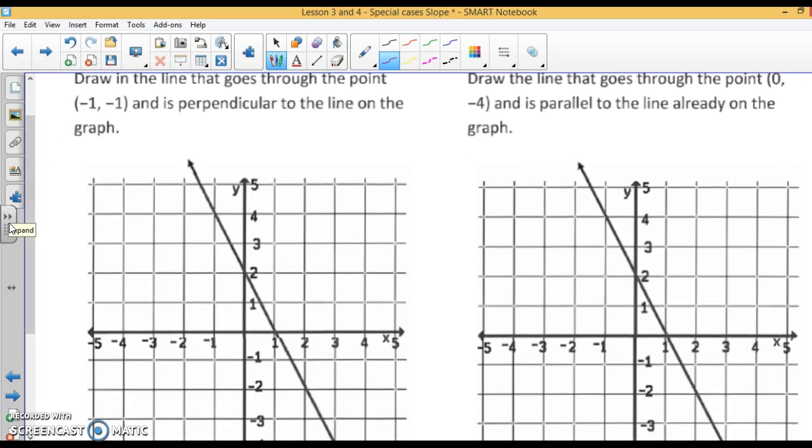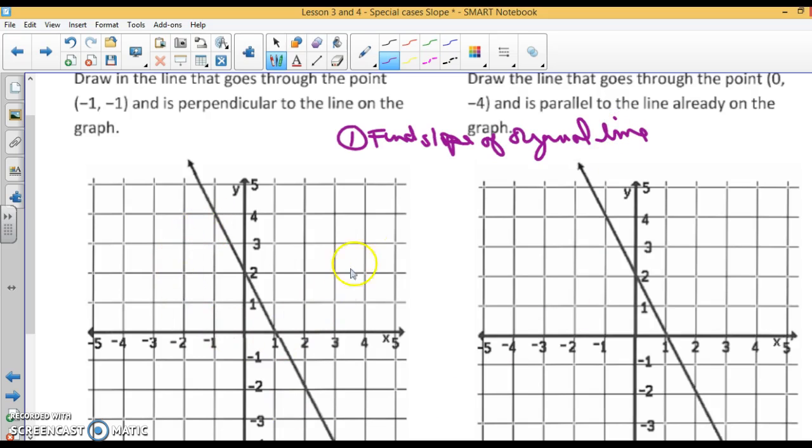negative 1, and is perpendicular to the line on the graph? Well, the first thing we're going to do is find the slope of the original line. How do we do that?